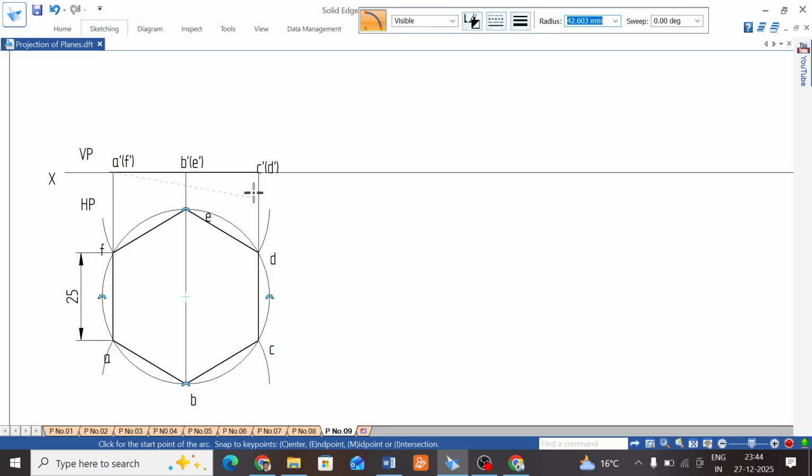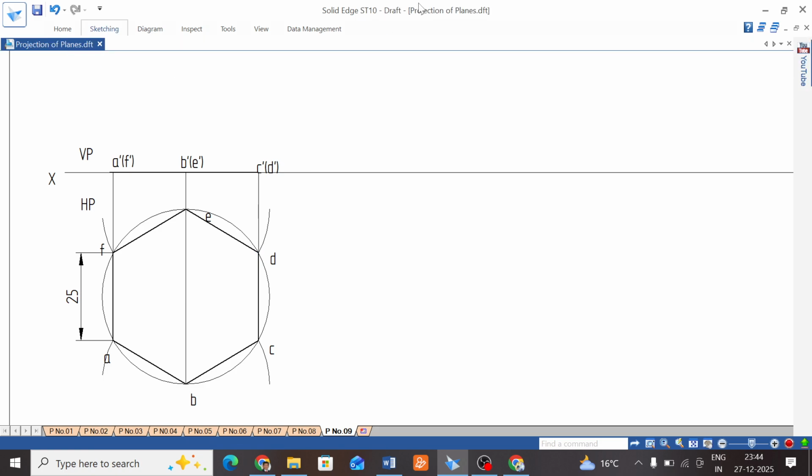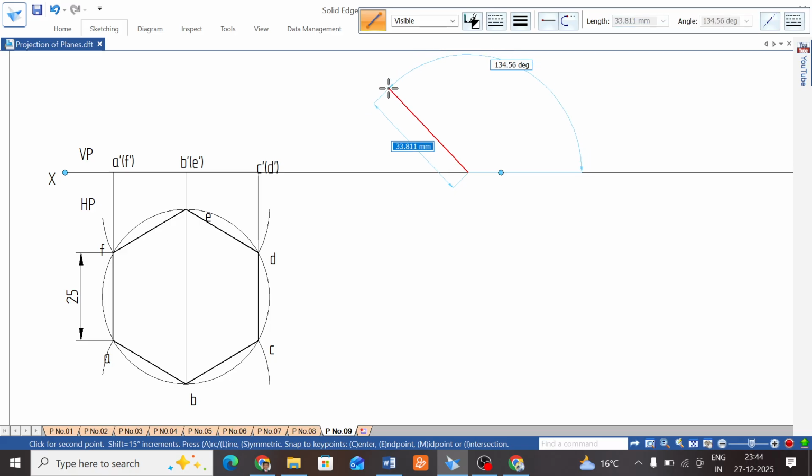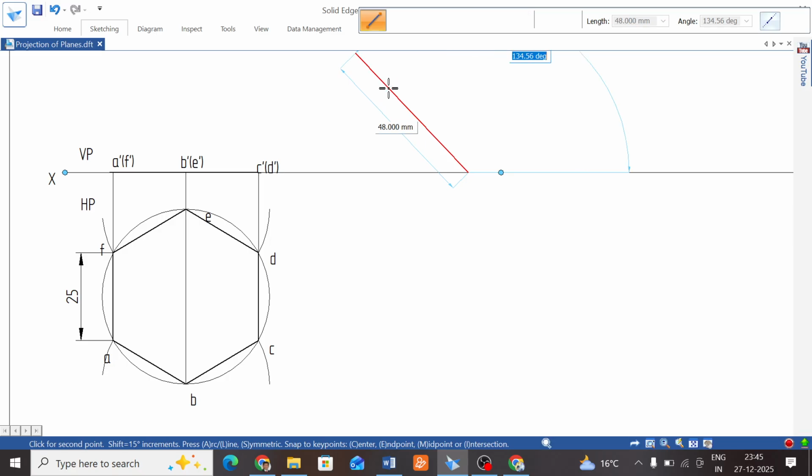You get 48 mm, that is 4.8 centimeters. Draw a 48 mm length at an angle of 45 degrees using the protractor, with C dash D dash as the center, angle 45 degrees, length 48.